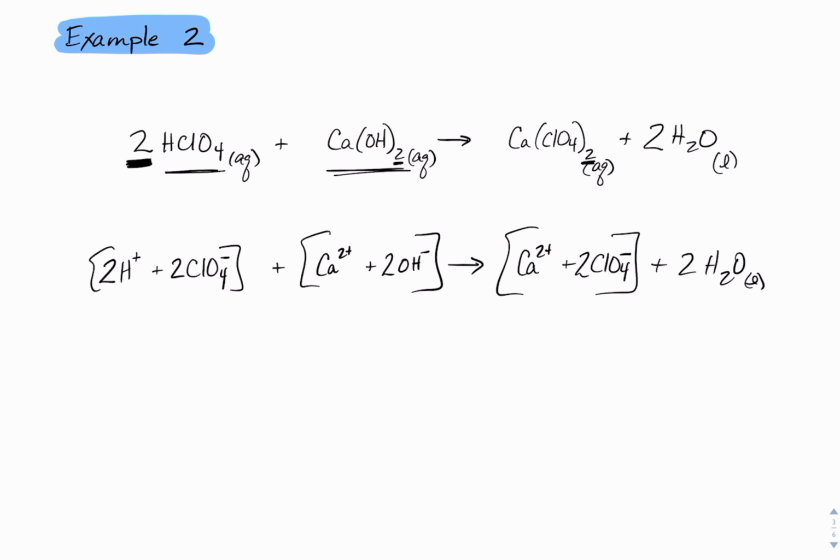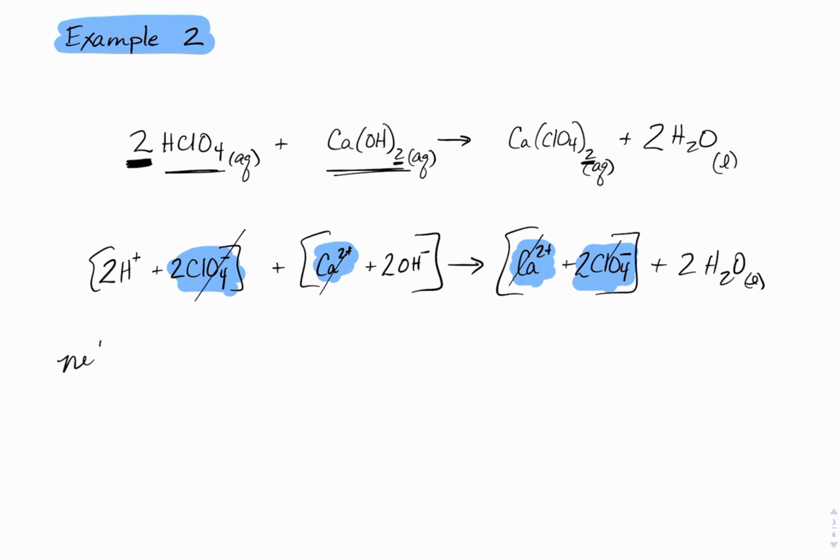Now let's find our spectator ions. Calcium is a spectator ion, and ClO4 is a spectator ion, and so we can cut those out and we write what's left over.